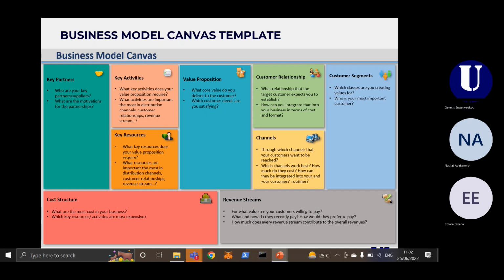So how do customers currently pay for what they are doing now that you want to deliver or ease them from? And how much does every revenue stream contribute to your overall revenue?